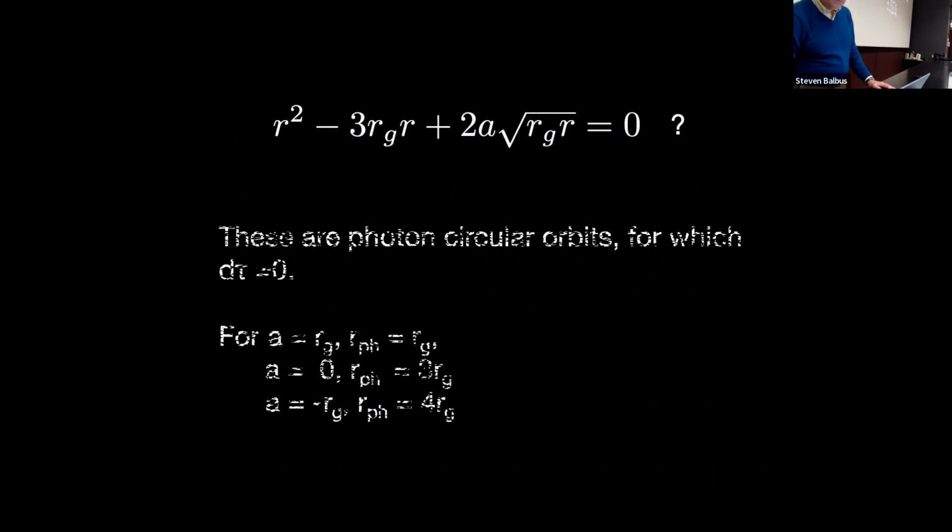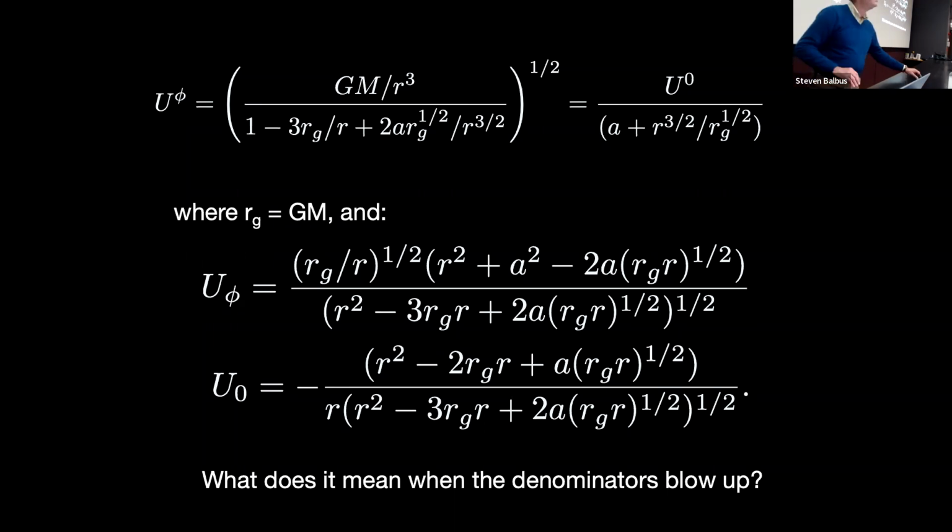Now, here's something I'm allowed to ask, I think. You notice the denominator here and here and here, it's always the same. What do you suppose happens when that goes to 0? What does it mean to blow up like that? I have enough information to do this problem. Remember these are 4 velocities, d something d tau, so if it blows up, d tau is 0.